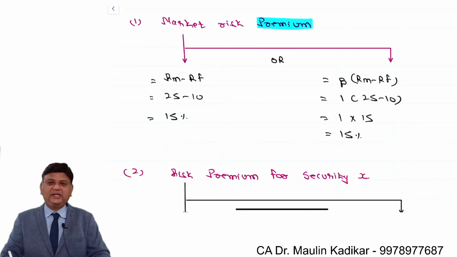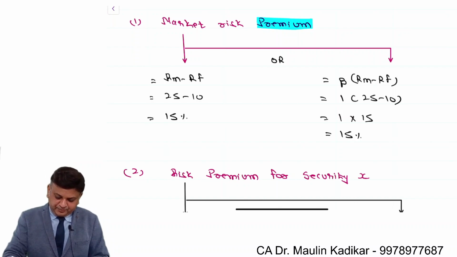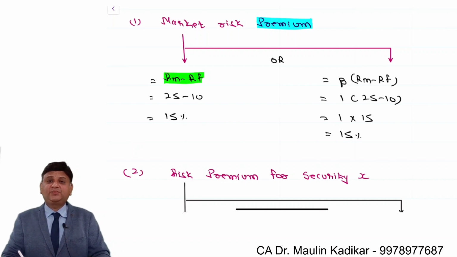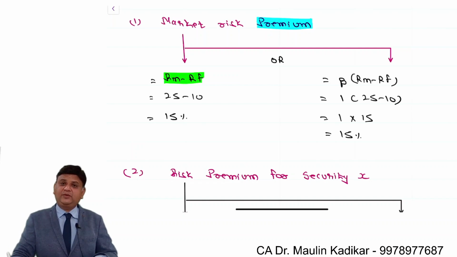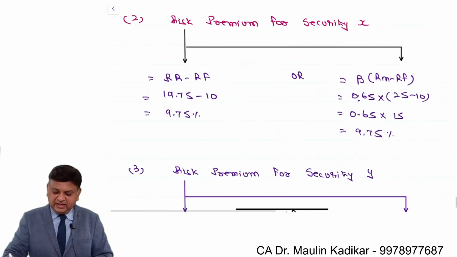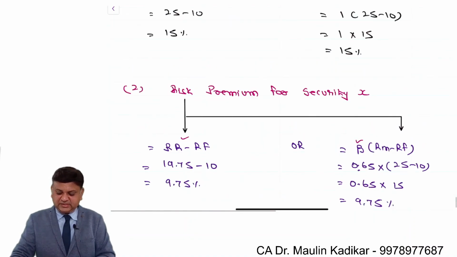One more clarification that I want to give you is that a number of students have a kind of confusion. They say RM minus RF is market risk premium, and as far as the security risk premium is concerned, they apply the RM minus RF formula only. Just be careful that market risk premium is RM minus RF, and the security risk premium is beta into (RM minus RF), or otherwise you can do required rate of return minus RF.